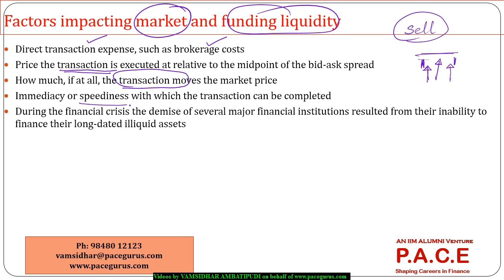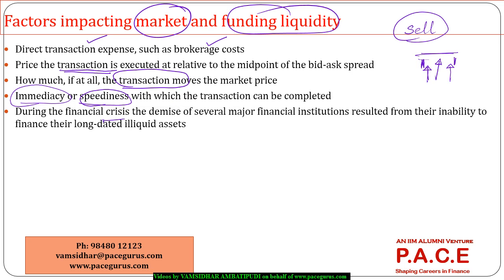The speed at which the transaction gets executed: the faster it is, the more liquid it is. Immediacy. So the more immediately the transaction is executed, the more liquid I can associate that particular transaction. And if it is not getting executed at a quicker speed, then I can very well say that that particular asset is in a more illiquid market.